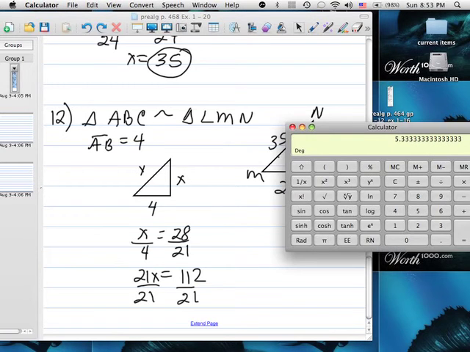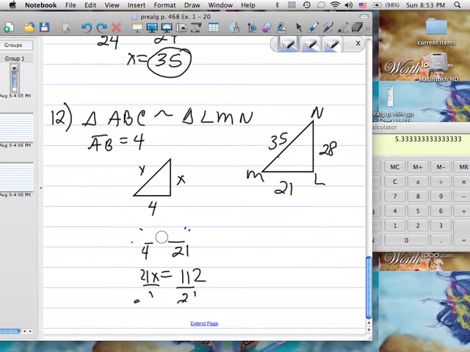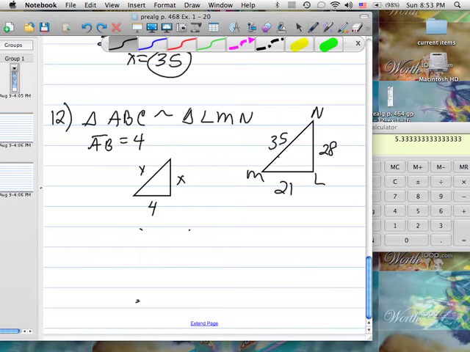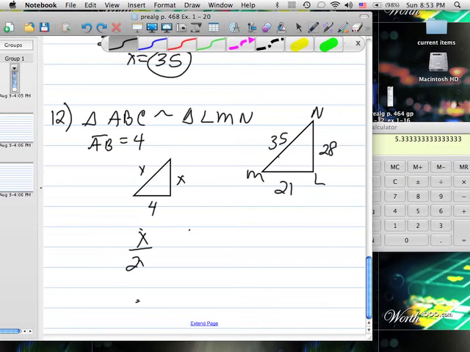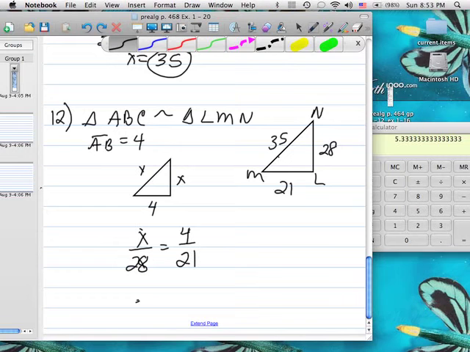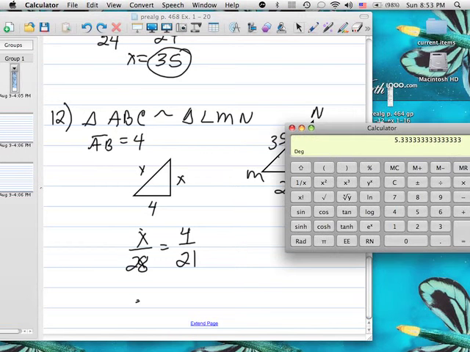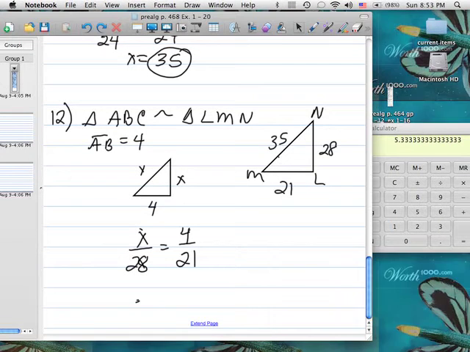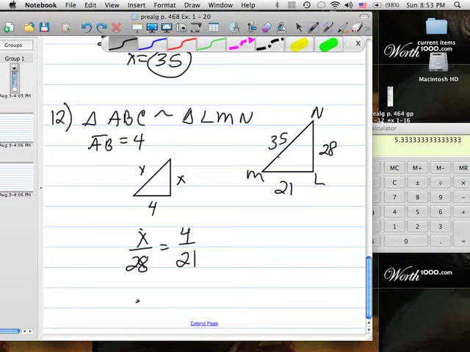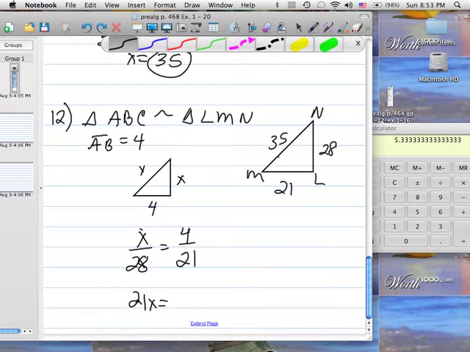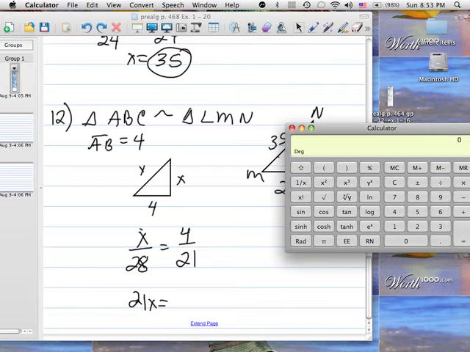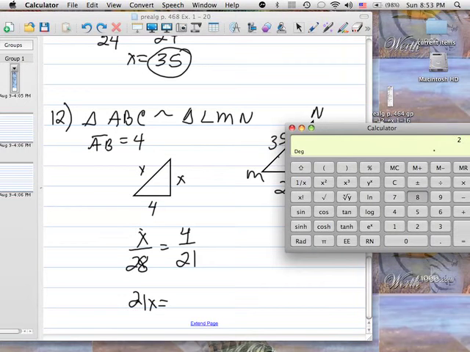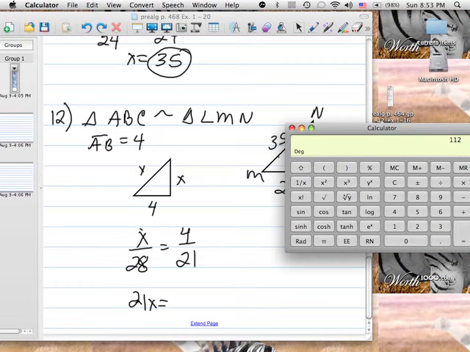Let's double check this. I'm going to go back and erase this, and we'll do it the way we've been doing it. So I'm going to put x over 28 equals 4 over 21. So we get 21x equals 4 times 28, which is 112.